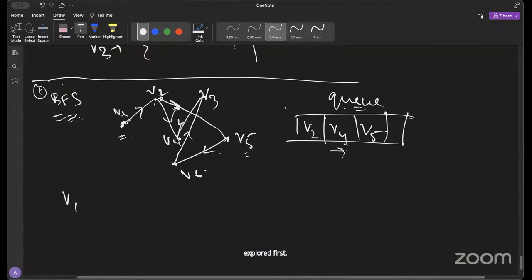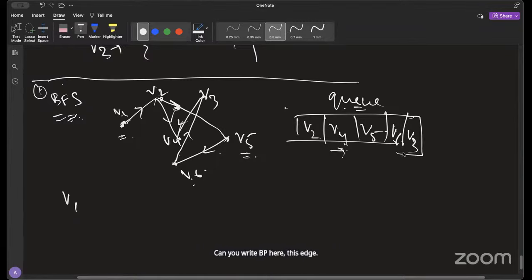So you go to V4, and then you check if there is an edge pointing out of V4. V4 you just leave because you don't have an edge pointing out of V4. And then you go to V5. V5 you have an edge here to V6. And after V5 is done, next up is V6.